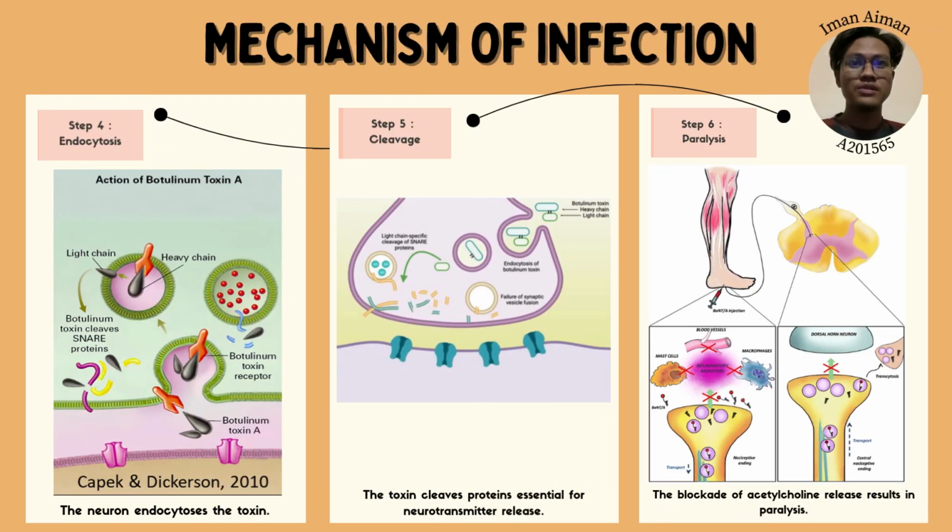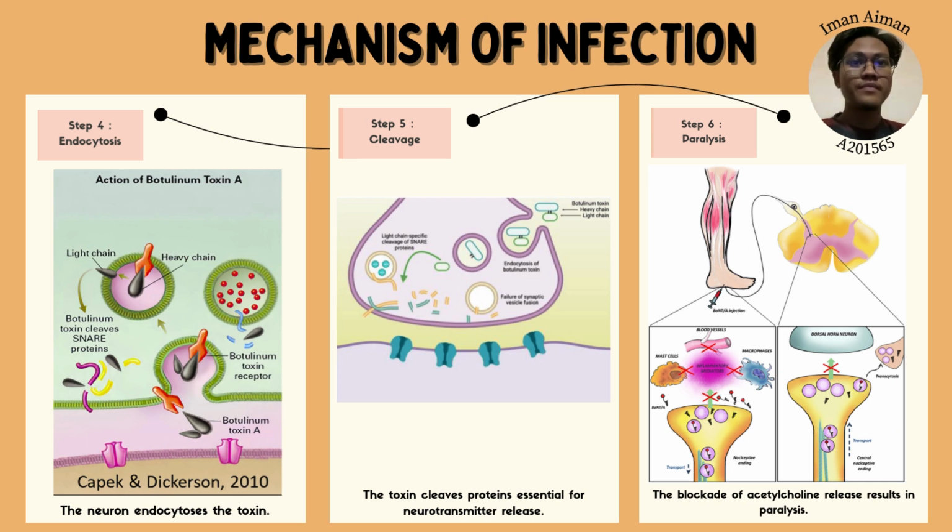Once the botulinum toxin binds to the nerve terminal, it is taken into the cell through endocytosis, forming a vesicle called an endosome. Inside the acidic environment of the endosome, the toxin undergoes a structural change, allowing its light chain to escape into the cytoplasm. The light chain then cleaves the SNARE proteins, which are essential for the release of the neurotransmitter acetylcholine.